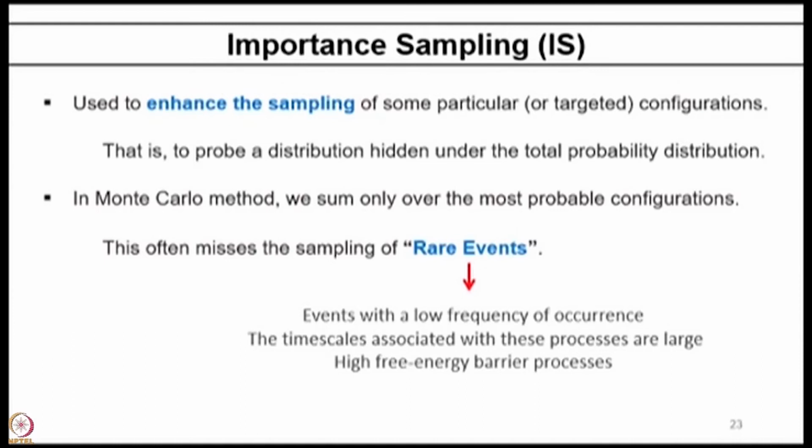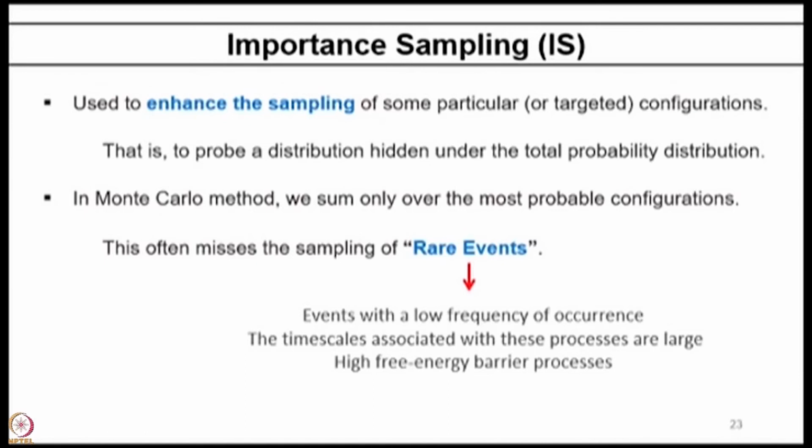This is a terrible problem in molecular dynamics simulation, and many simulations were wrong because the system was stuck in a minimum. That minimum might be only a small part of the space, because there are many other domains which need to be explored to get an averaging, and this is done by importance sampling.